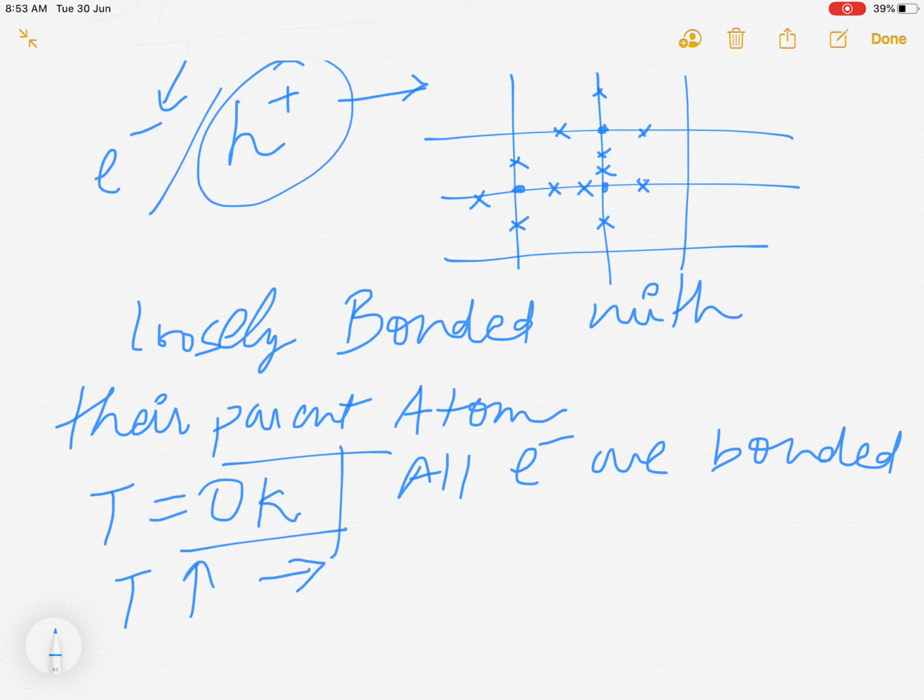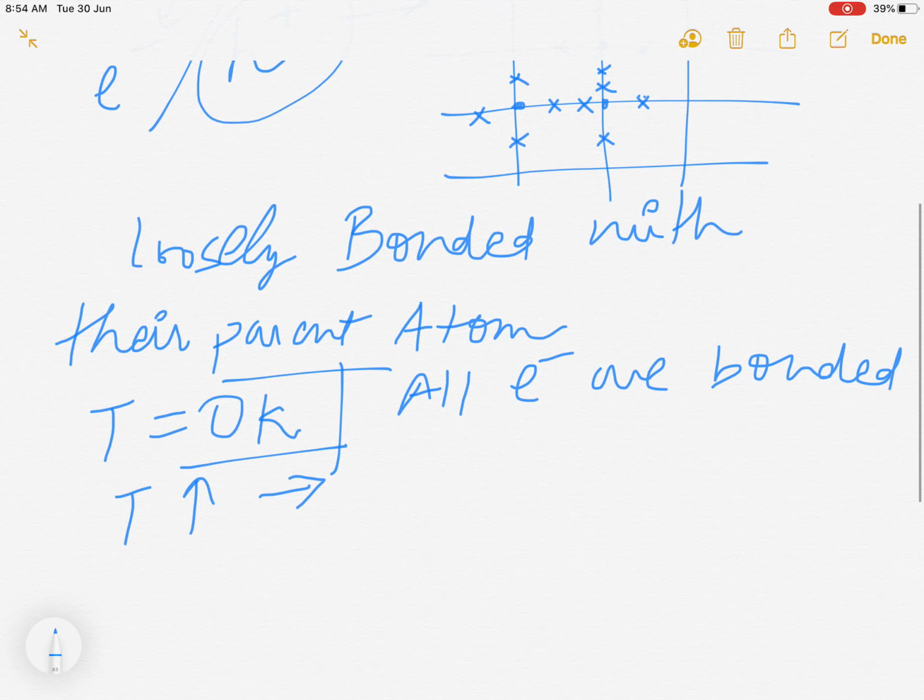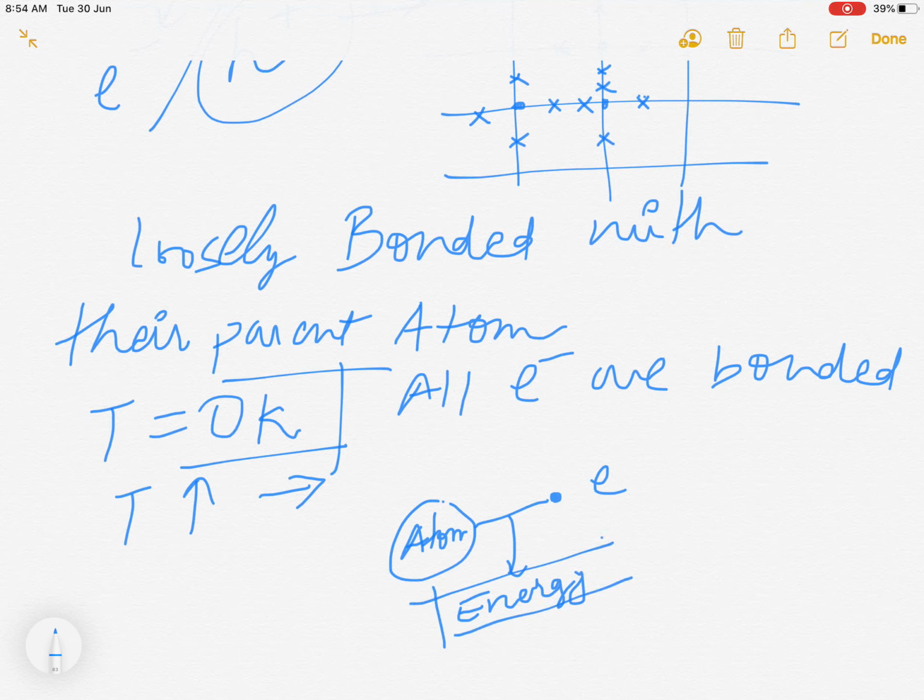These electrons take up the energy, and if that energy exceeds the energy required to break the bond between that electron and its parent atom... See, if this is an atom and this is an electron, it is bonded with some force, some energy. This energy will not be much. These are loosely bonded electrons in their outermost shell.